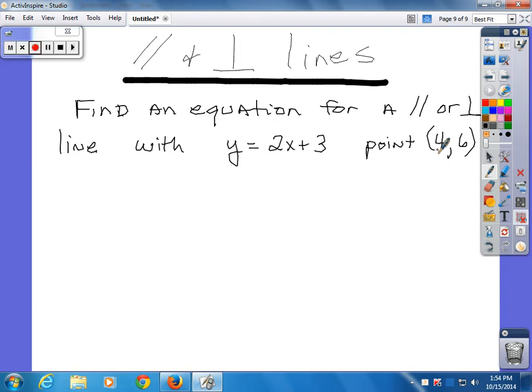Now, you need to make a note. It's going to ask you for one. So it may say, find an equation for a parallel line with this line at the point 4 and 6. Or it may say, find an equation for a perpendicular line with this line at 4 and 6. It's not going to ask you for both.